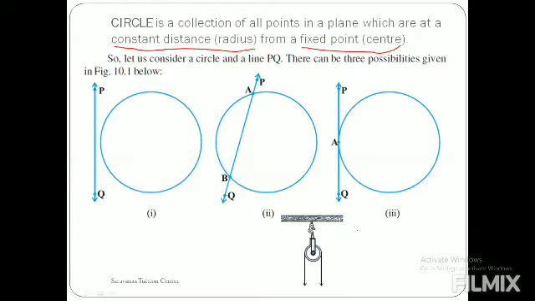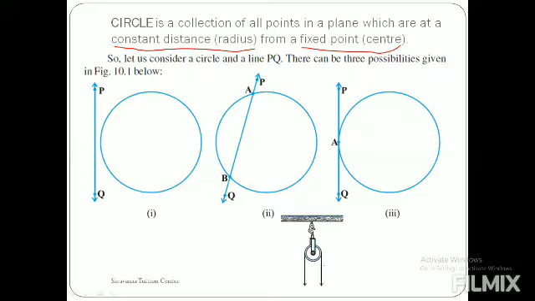Now, can you see a pulley here? Where do we use a pulley? We use a pulley to fetch water from the well. You see two lines coming from the pulley, that is the rope. The ropes are like rays from the circle.